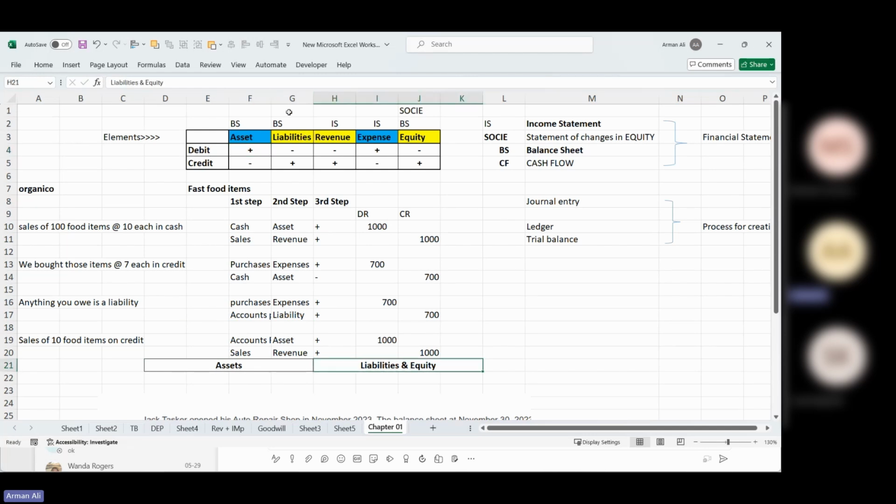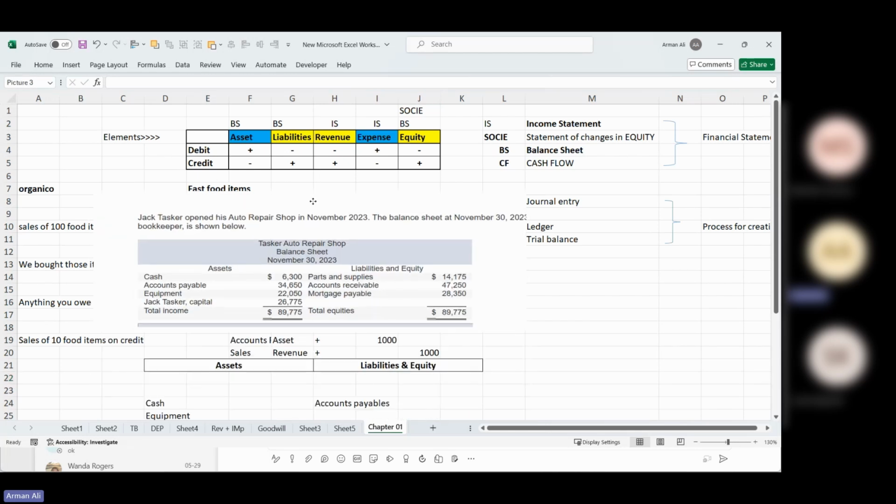Liability and equity, when they increase, it's always a credit. So they're automatically coming on the opposite side to each other. And if I were to put all my assets on the debit side and all my liability or equity on the credit side, you would see the total of the balance sheet would be balanced. That is why it's called balance sheet.